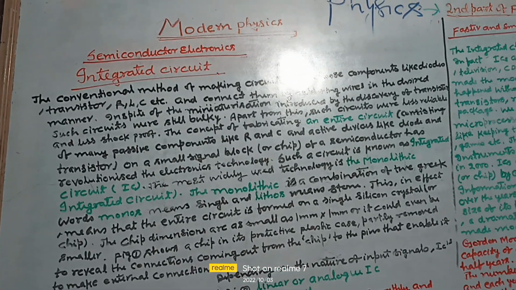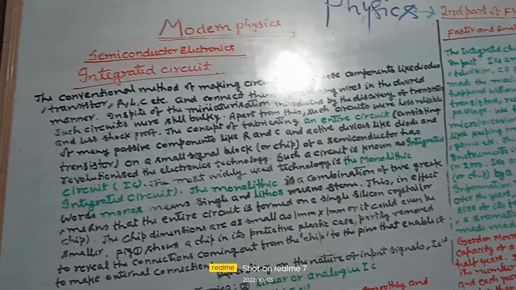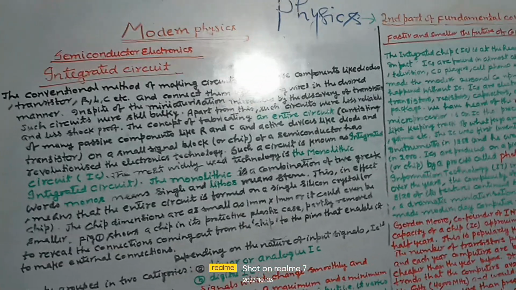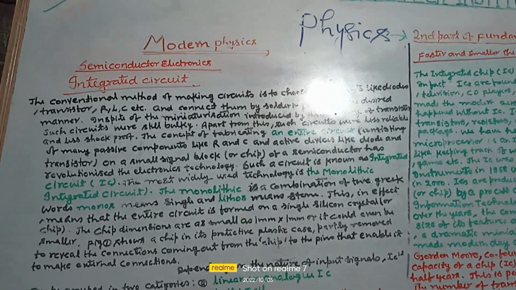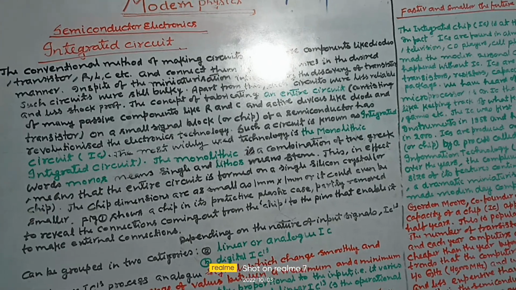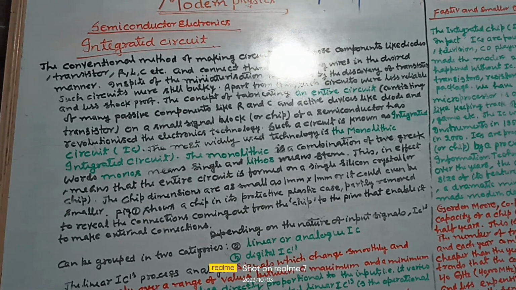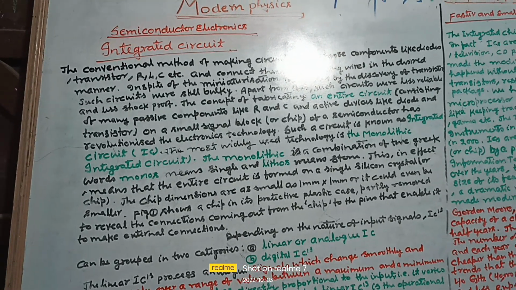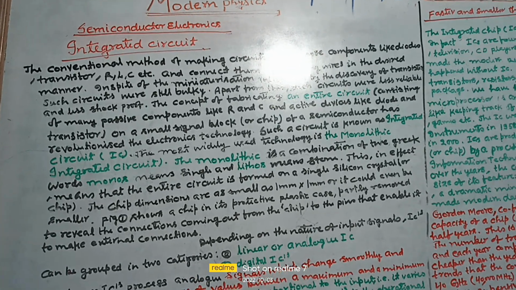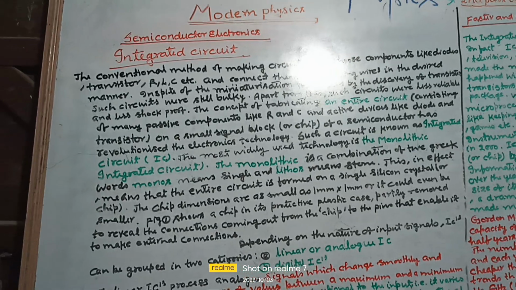The most widely used technology is the monolithic integrated circuit. Monolithic is a combination of two Greek words, monos means single and lithos means a stone. This in effect means that the entire circuit is formed on a single silicon crystal or chip.